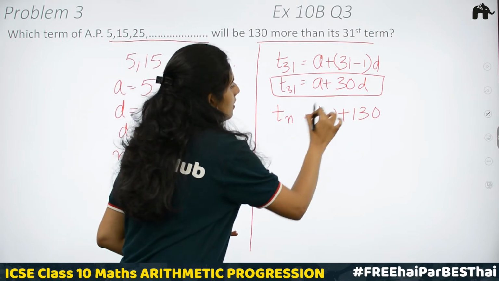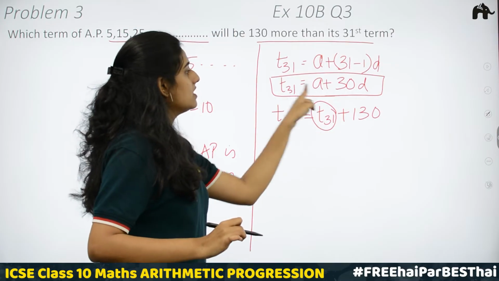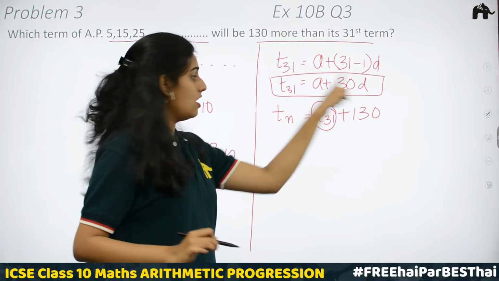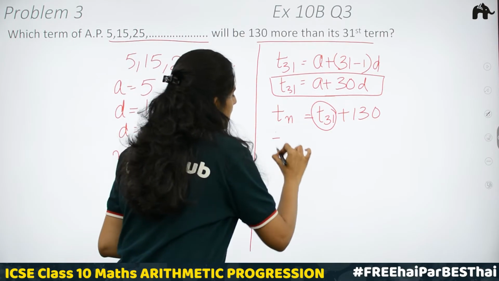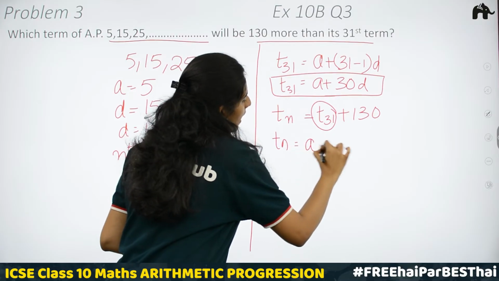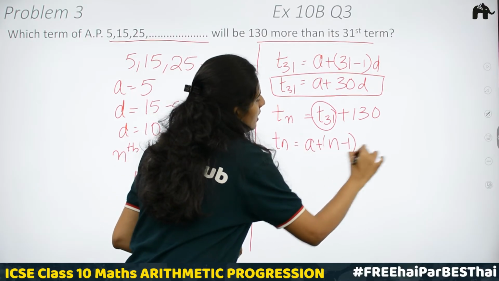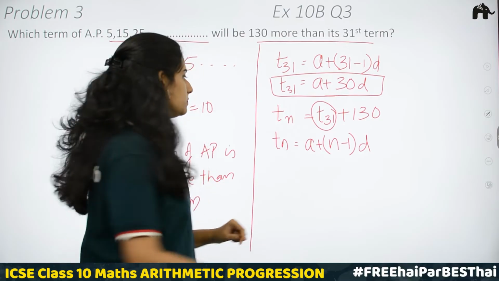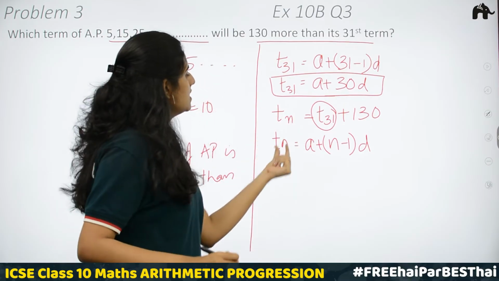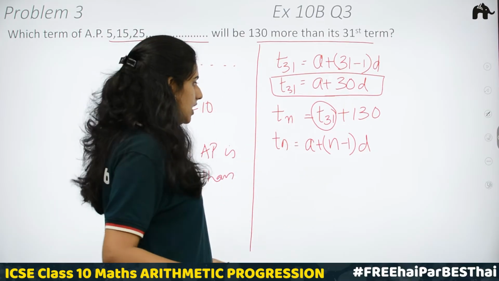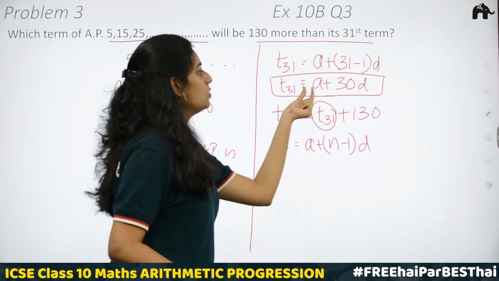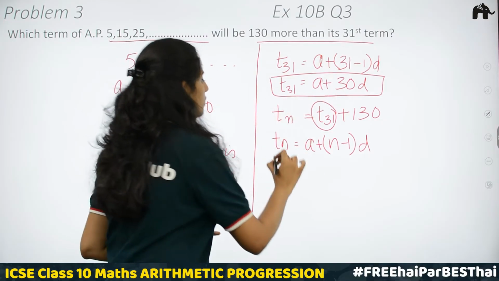Now, we have T31 is equal to A plus 30D. Also, Tn is equal to A plus n minus 1 into D, the general form. Substituting, what do we get?